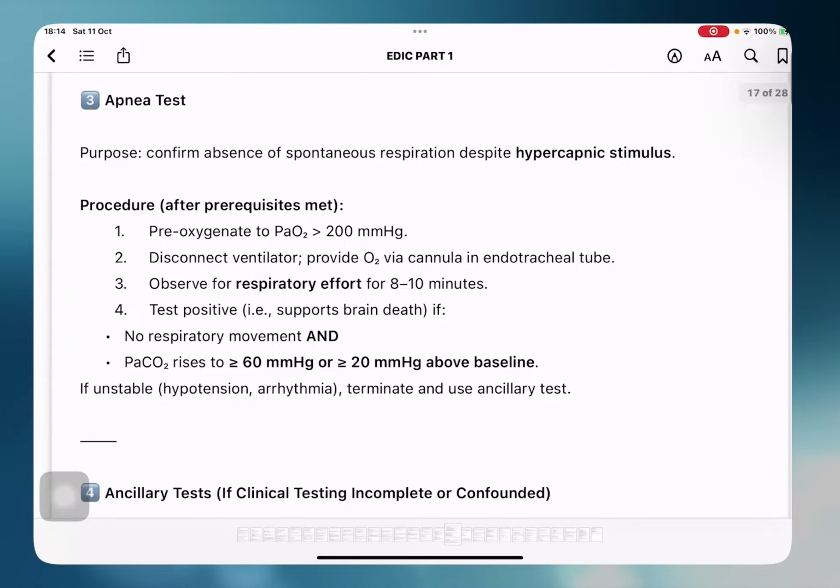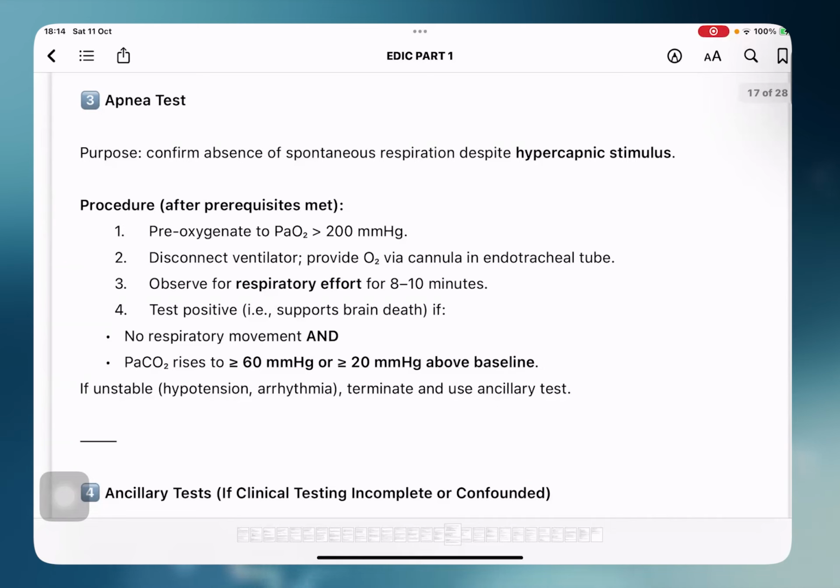Then we look for respiratory effort for a good 8 to 10 minutes. The test, if positive, supports brain death if there is no respiratory movement, and the carbon dioxide rises to above 60 millimeters of mercury, or 20 millimeters of mercury above the baseline, and the patient has no respiratory movement. That means respiration could not be triggered by elevating carbon dioxide.